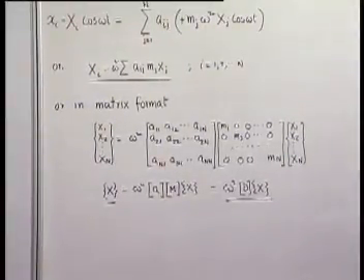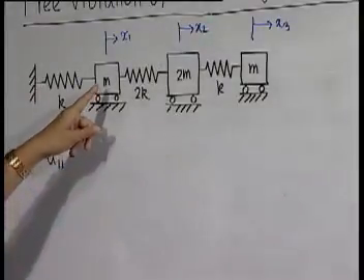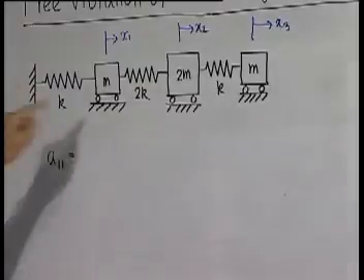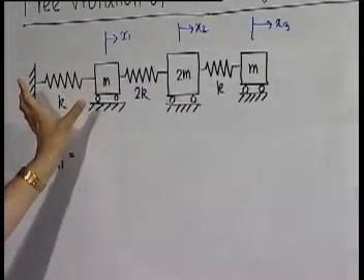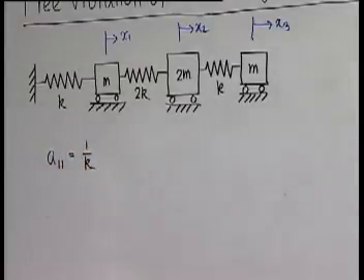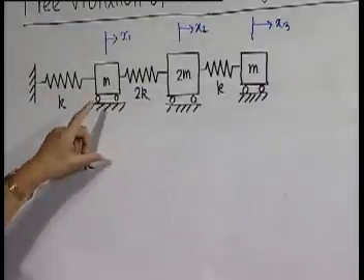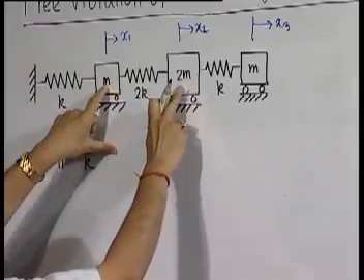Flexibility matrix, let us see what A11 is. That is, if you apply a unit load at station 1, what is the deflection of station 1? Obviously, it is only the stretch of the string, and that is nothing but 1 by k. Now, what will be the deflection of this position if you give a unit load here?